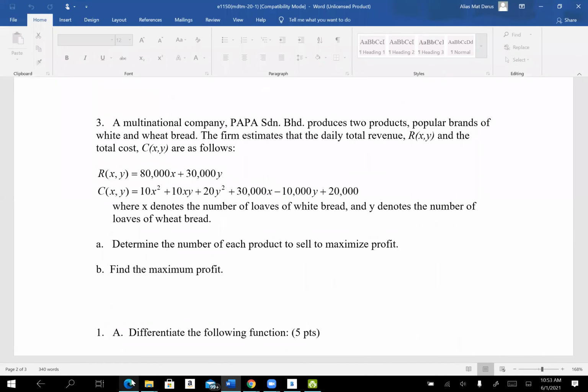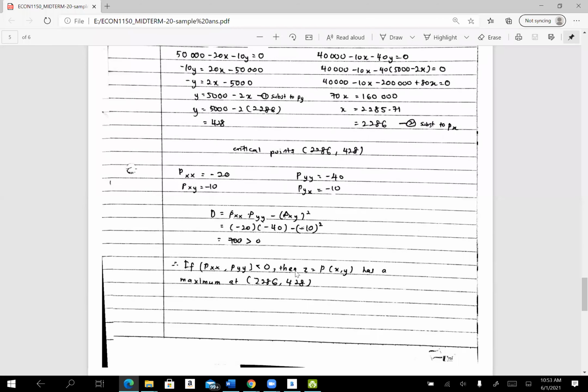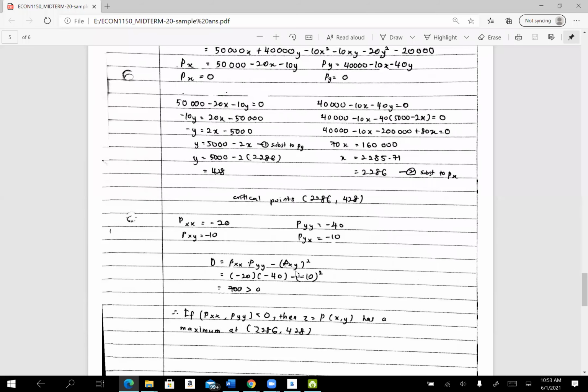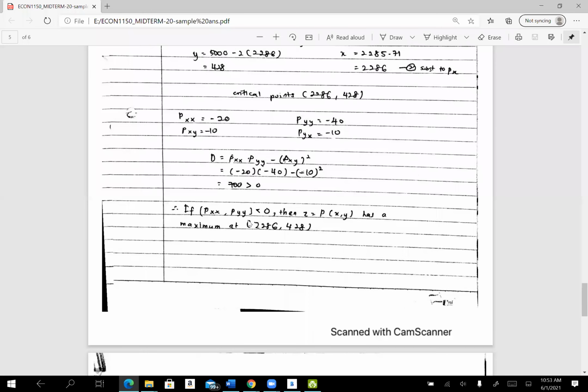So, we say that to maximize profit, we have to produce 2,286 of X, which is the white bread. So you have to produce 2,286 loaves of white bread and 428 loaves of wheat bread. So that is part A. So you should put another statement kat bawah tu.